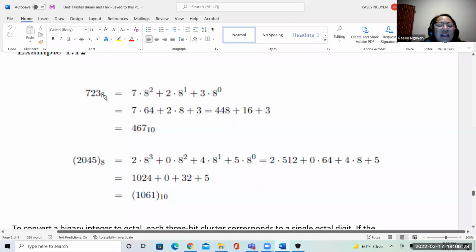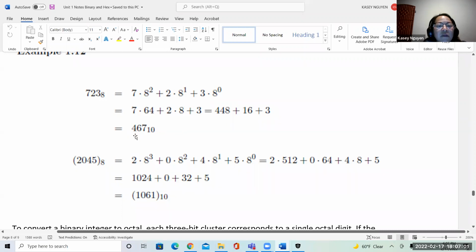So here we would take the 3 and multiply by 8 to the 0 power. The next digit is 2, multiplied by 8 to the first. And then the last digit is 7. As it's more significant than the 2, we have to increase the exponent, just like what we've done with hexadecimal, right? So 7 times 8 to the second. Once you multiply everything out, you add them together and you would have your decimal number.